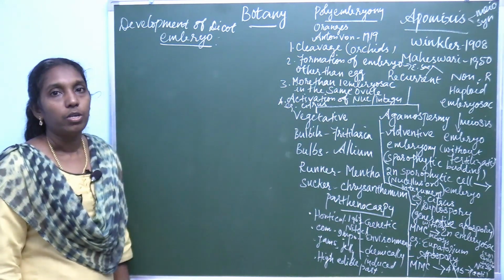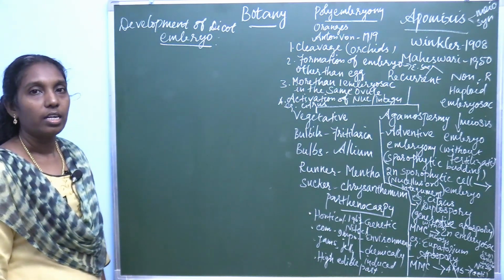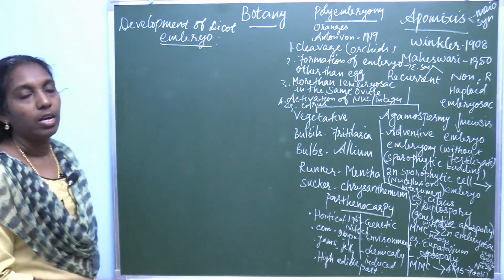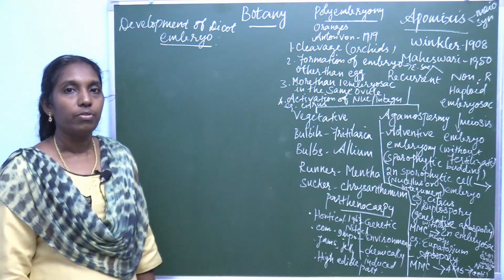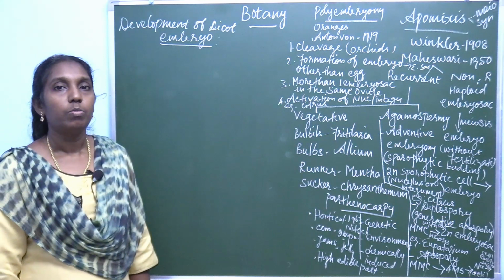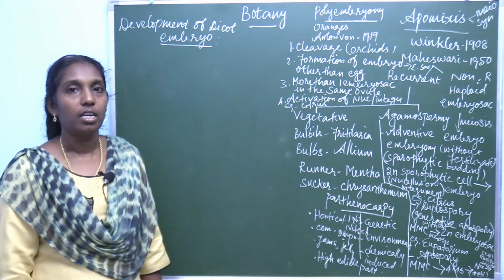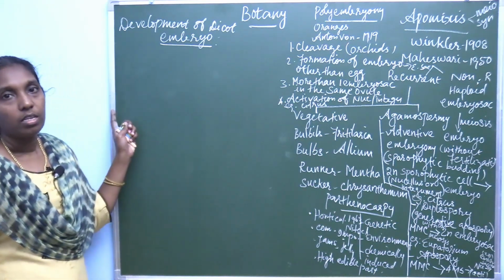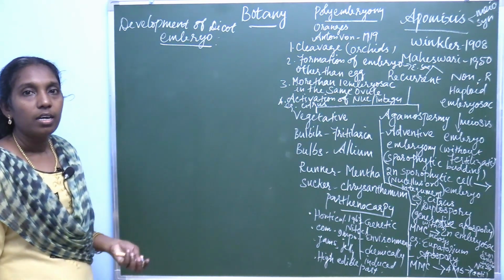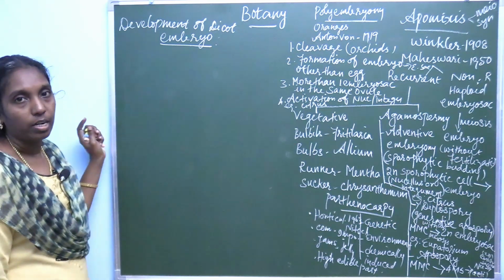The dicot embryo develops in the onagrad and crucifer type. Onagrad belongs to the family Onagraceae, and crucifer belongs to Brassicaceae. Example, cabbage and cauliflower. The zygote is the result of fusion product.